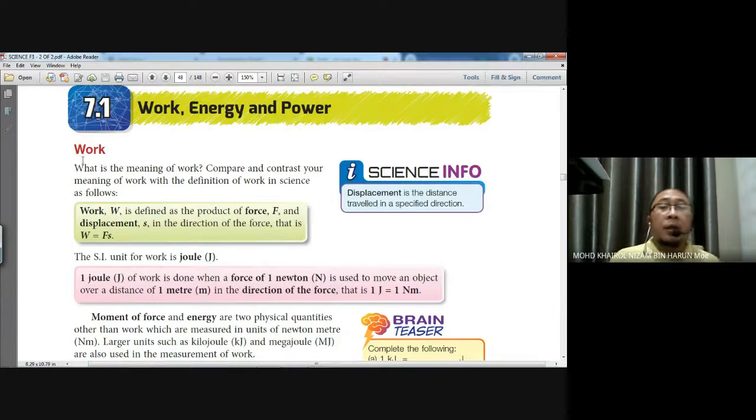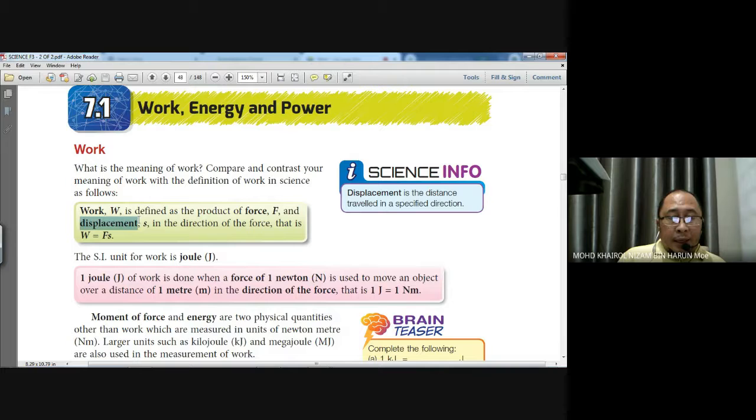Now, the meaning of work, or in BM we say kerja. The symbol that represents work is W. It is defined as the product, hasil, from the multiplication relationship between force and displacement.